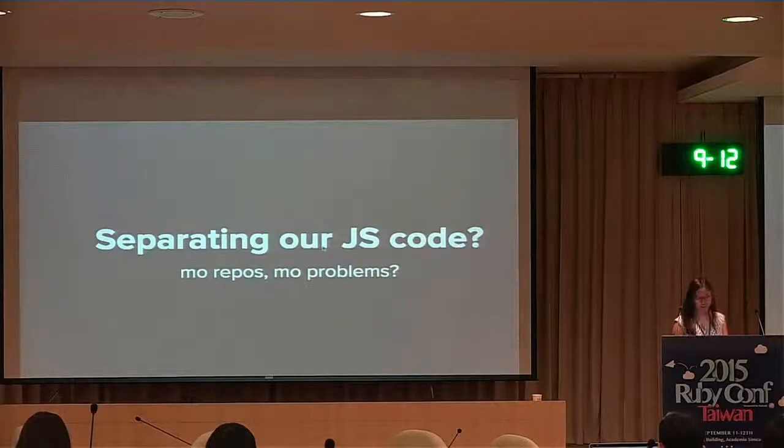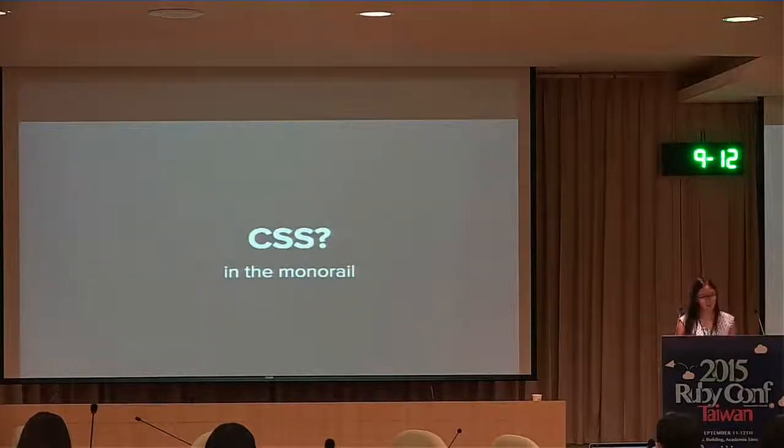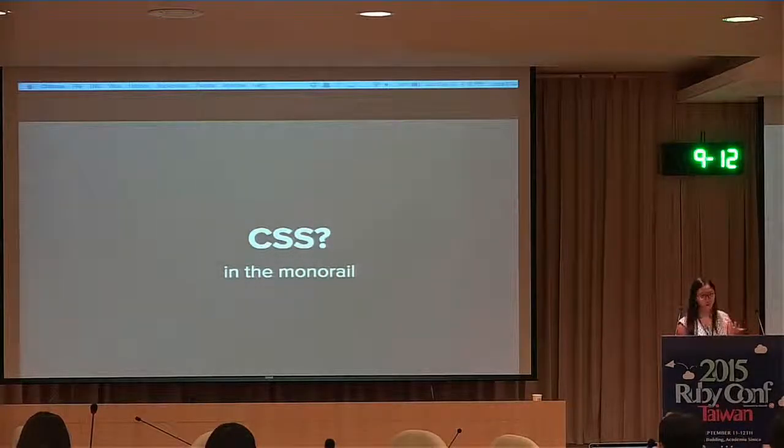And the final thing that's an open problem for our organization is all of our CSS is in the monorail, or what we call a monorail. It's in our monolithic Rails app.